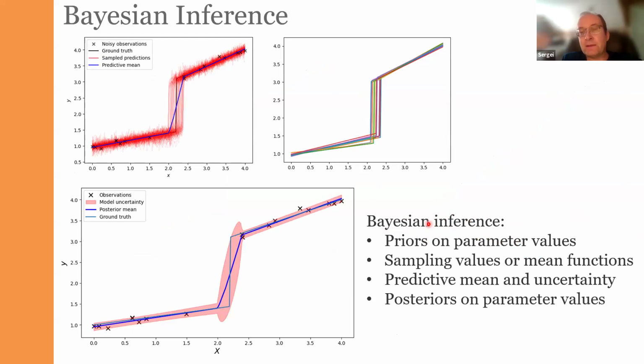We still have a function, but rather than having a rigid set of parameters that we try to optimize, we come up with priors, meaning the distribution on the parameter values. If we do that, instead of fitting the function in the normal way, we fit it in the Bayesian way, meaning that we find the predictive distributions, how the generated data can look. We can find the possible functions and how they can be distributed, and we find the posteriors on the parameter values.